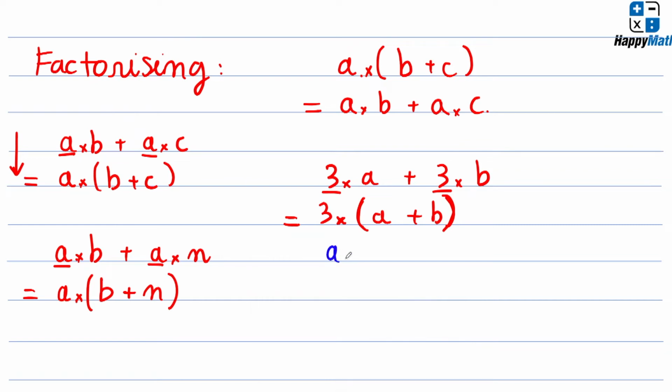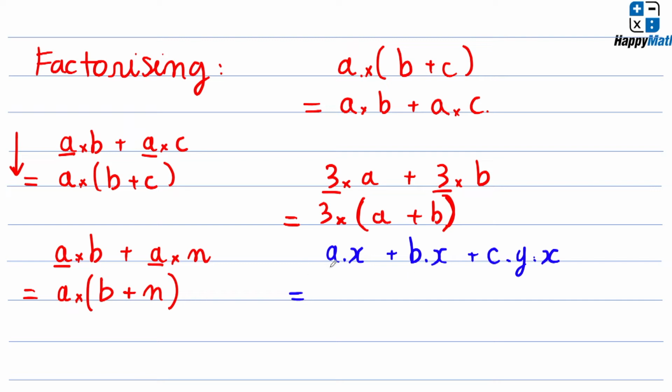A little bit harder, you can look at this expression: a multiply x plus b multiply x plus c multiply y multiply x. In this expression, we have 3 terms: ax, bx, and cyx. Multiplication means multiply or times.